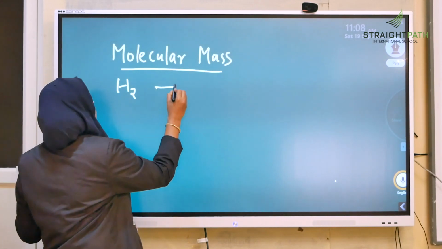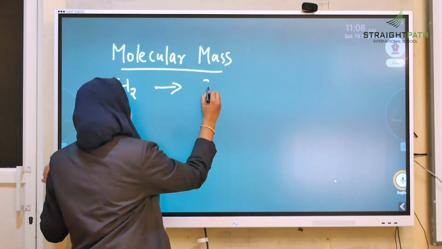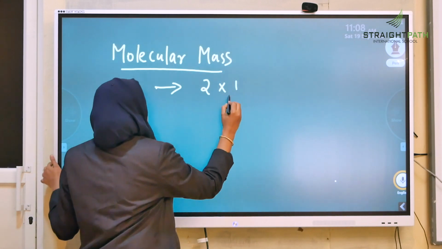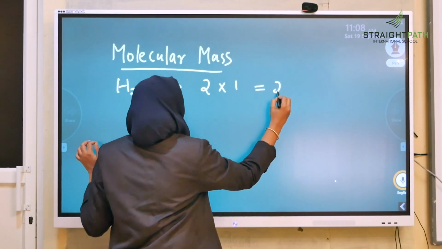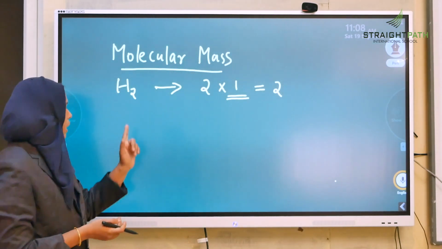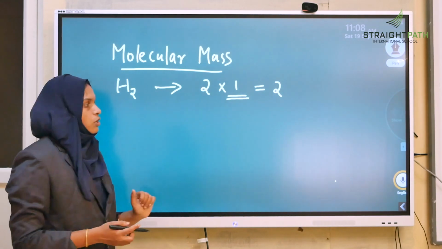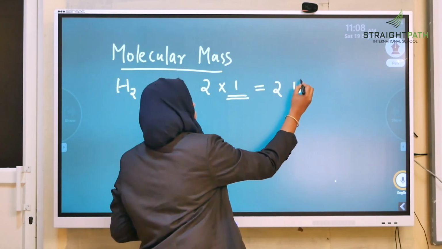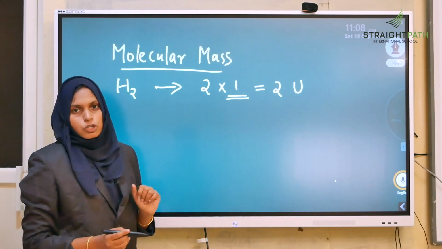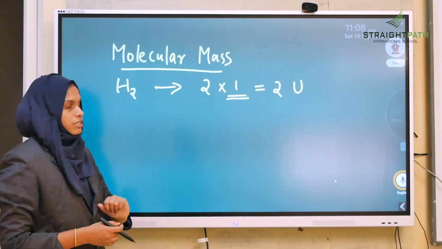So the molecular mass of hydrogen is equal to 2 into 1, which is equal to 2. Here 1 is the atomic mass of hydrogen. So 2 into 1 is equal to 2 U. See, U is the atomic mass unit that we have to write.